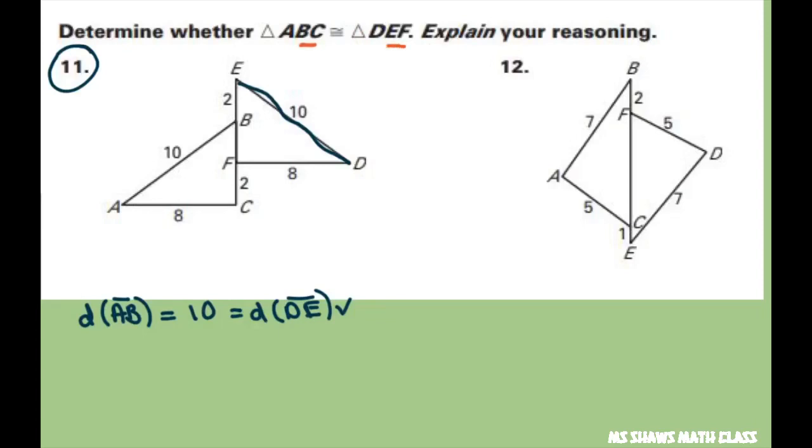with EF. So the distance of BC equals, so BC is right here. So that's some x plus 2. Because I don't know what that is.